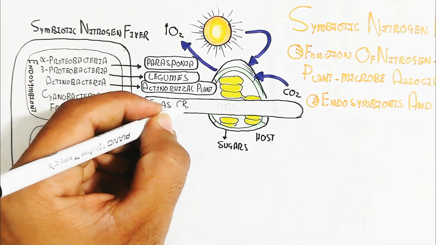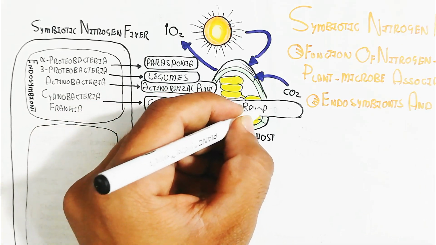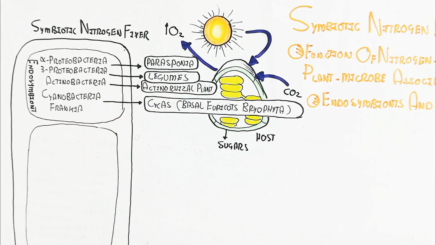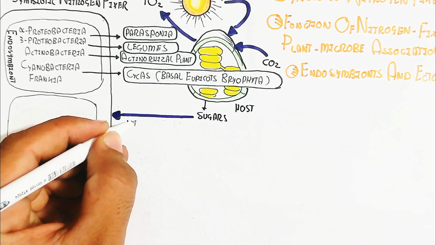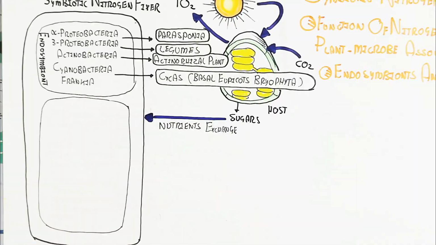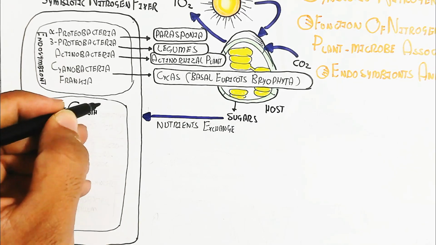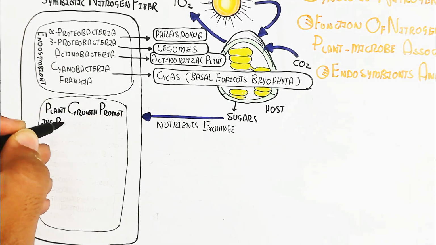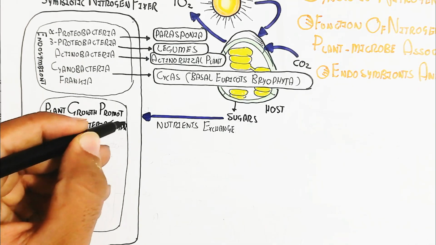Anyhow, actinobacteria are used for the actinorhizal plants and legumes, and cyanobacteria are used for cycads, the basal eudicots, and bryophytes. The plant growth promoting rhizobacteria are the PGPR. These are associative or rhizospheric colonizers, such as Azospirillum and Nostoc.